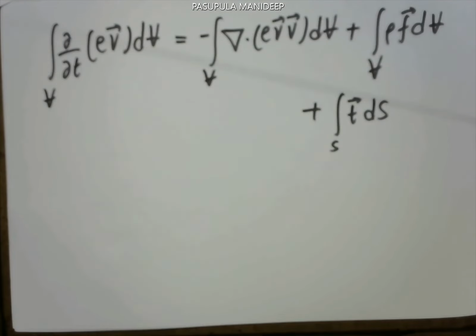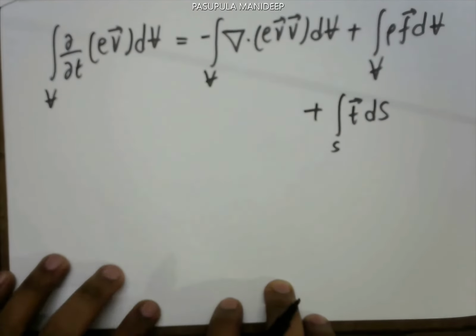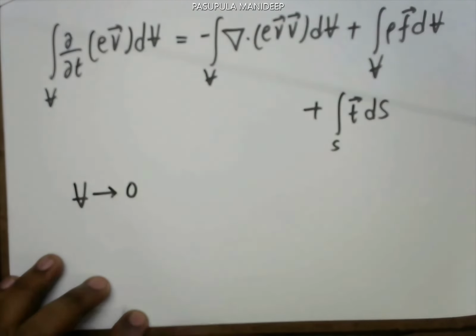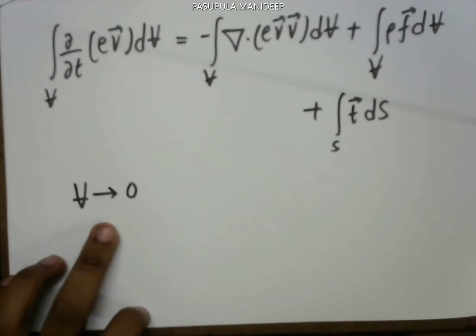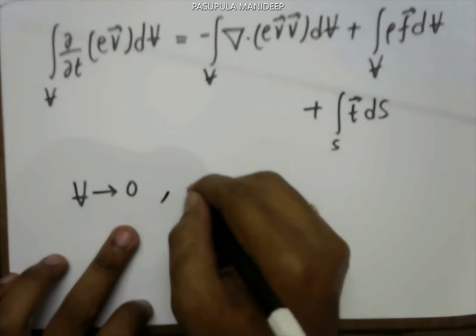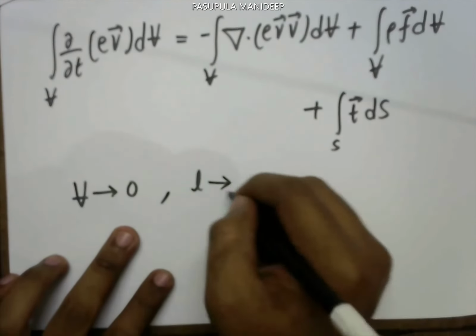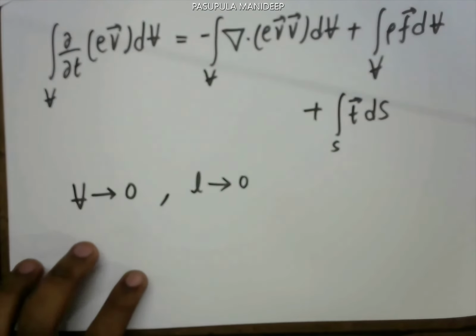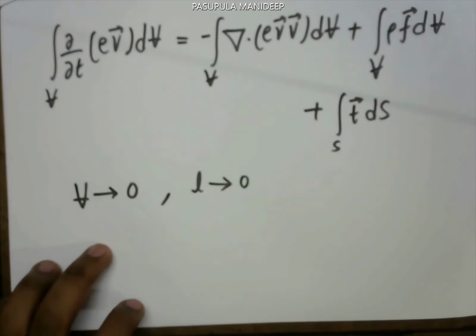Now let us consider that the control volume is approaching zero. The characteristic length scale L will also be approaching zero.